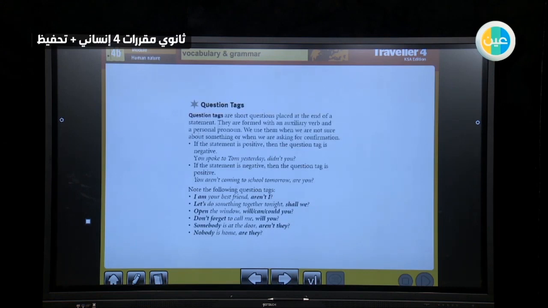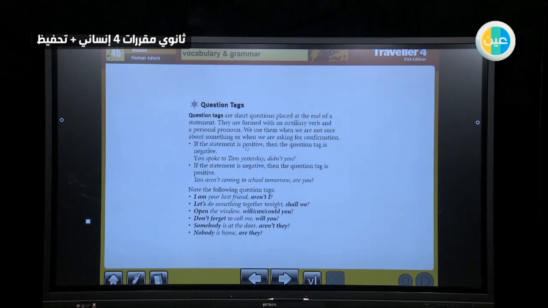Question tags are short questions placed at the end of a statement. They are formed with an auxiliary verb and a personal pronoun. We use them when we are not sure about something or when we are asking for confirmation.